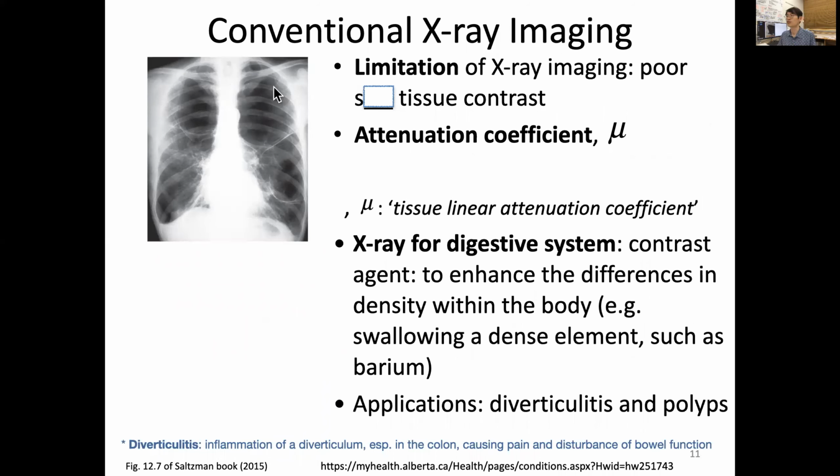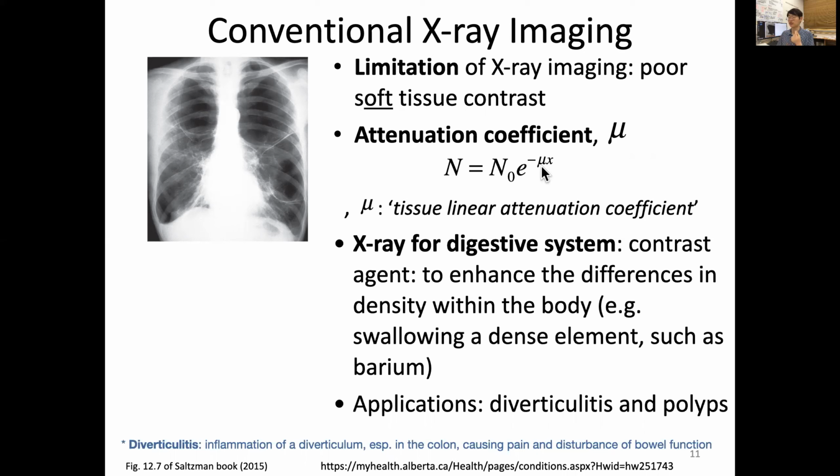We are based on this attenuation, and we can have an attenuation coefficient for each of these tissues. The original signal of N0, after passing through this X amount of tissue, will be reduced by exponential decay. So that mu is called the tissue linear attenuation coefficient, and you can see the unit will be 1/length.